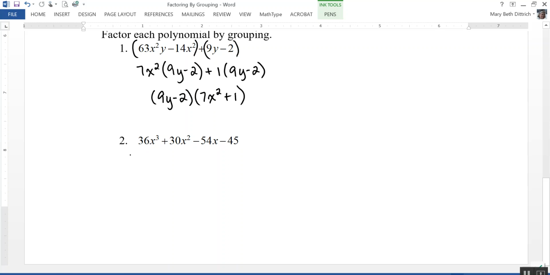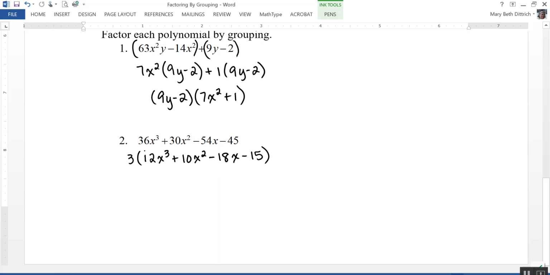So I think I'm going to factor that 3 out, and that's going to leave me with 12x cubed plus 10x squared minus 18x minus 15. Oops, wait, I did that wrong. That should be a negative 18 in there. Okay, good. So I'm going to have to just remember to put that 3 in my final answer.